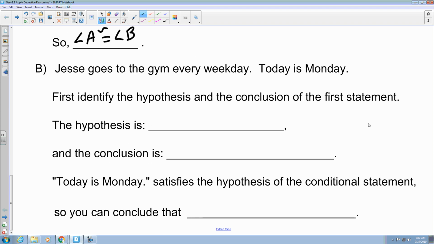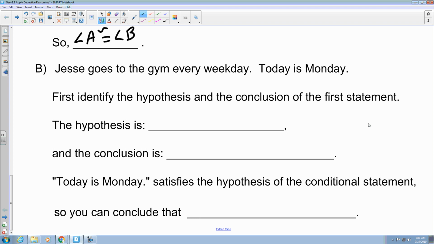Look at this example. Jesse goes to the gym every weekday. Today is Monday. First, we need to identify the hypothesis and the conclusion of the first statement.